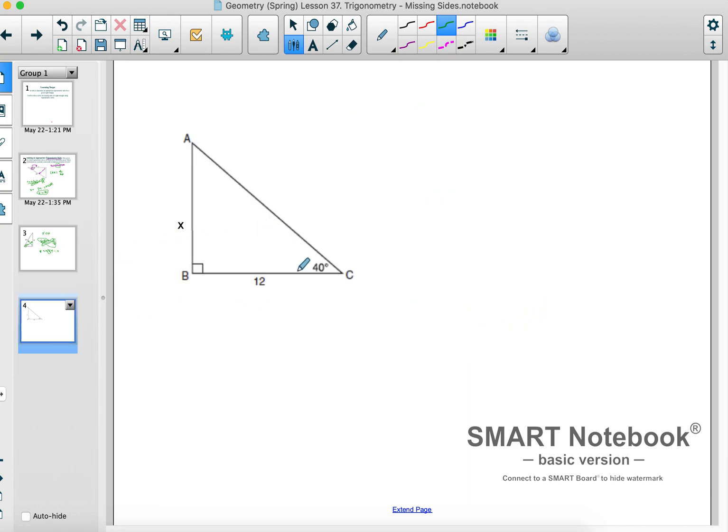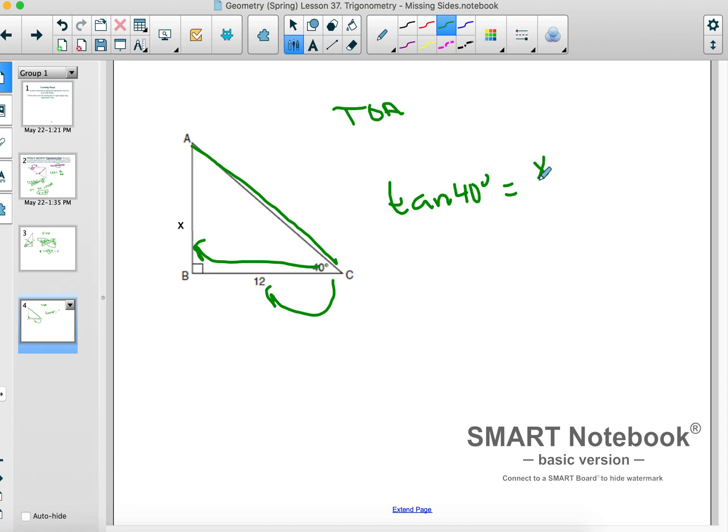And this one down here, we can see that we've got our opposite and we've got our adjacent. There's nothing opposite the right angle, so we don't have the hypotenuse. So I know I'm going to be using the TOA part of SOHCAHTOA for my tangent. So I get tangent of 40 degrees is equal to opposite, which is my x, over 12.